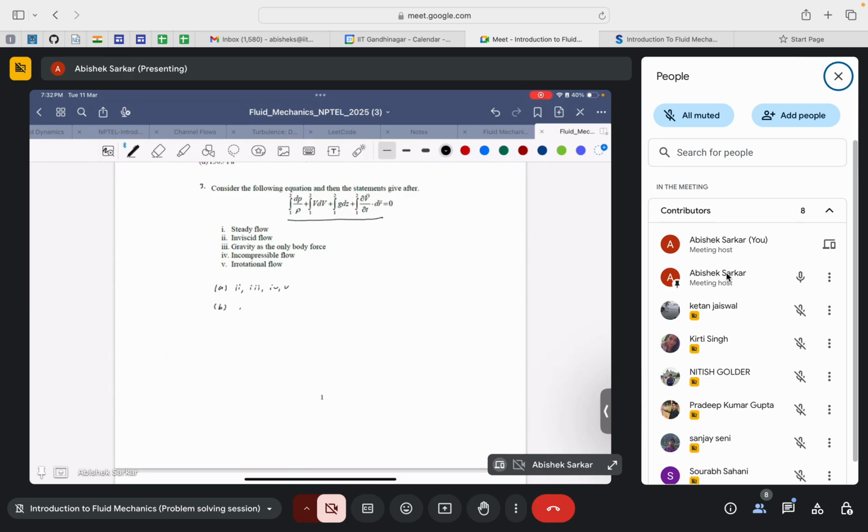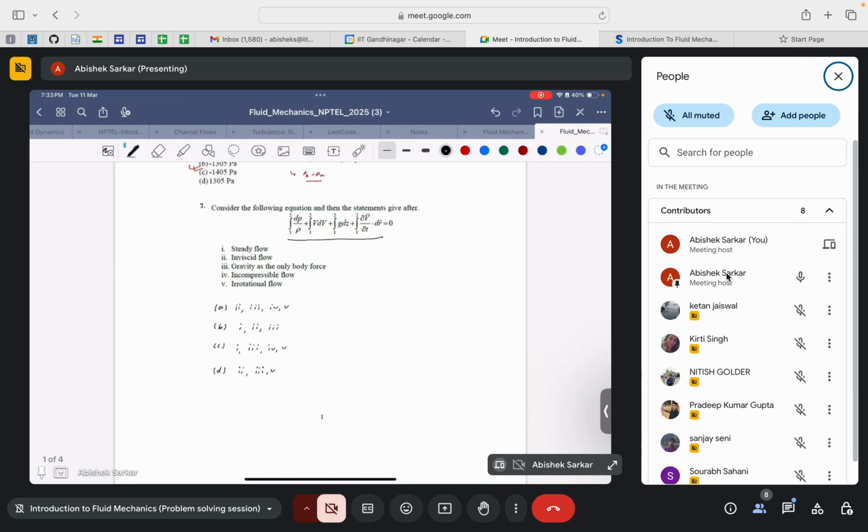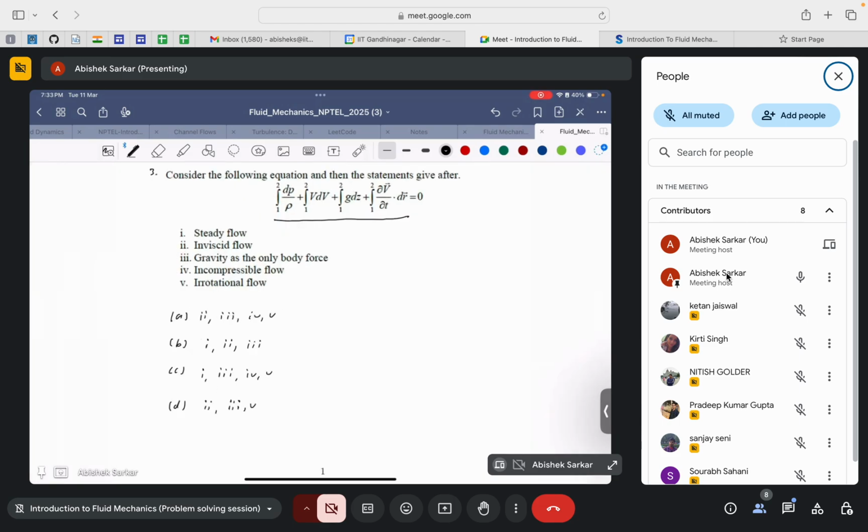B is 2 and 3. C is 1, 3, 4 and 5, and D is 2, 3 and 5.